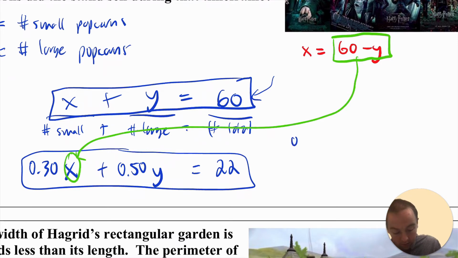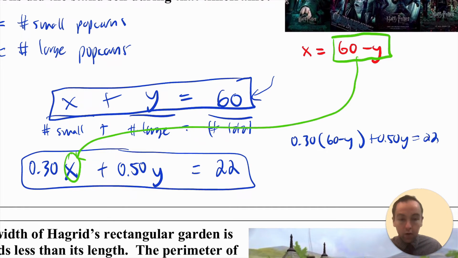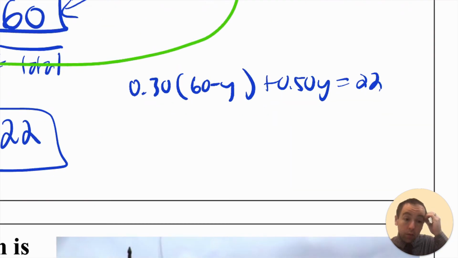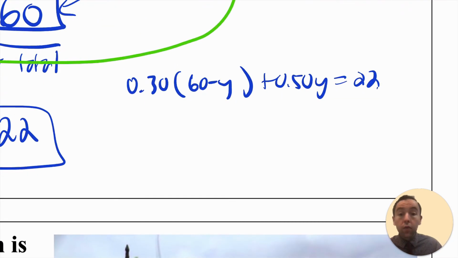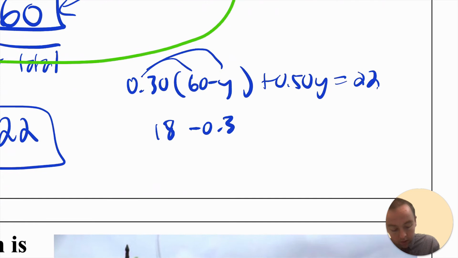So now what that's going to look like is 0.30 times the quantity of 60 minus Y plus 0.50Y is going to equal 22. And so then from this equation we should be able to find a value for Y. So if we multiply 0.30 with 60, that's going to give us 18. And then minus 0.30Y, or 0.3Y, and plus 0.5Y equals 22.